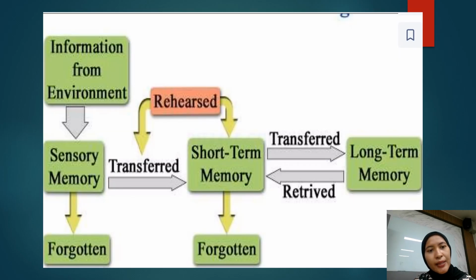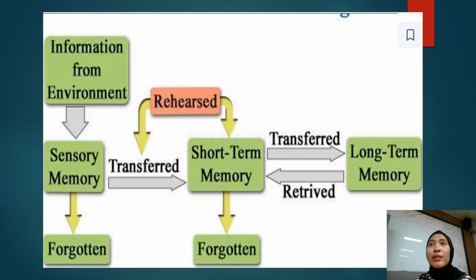Okay, so next is about how information is processed in our brain. So this flowchart describes how information is processed in our brain. So when we get information from the environment, the information will be received by our sensory memory.